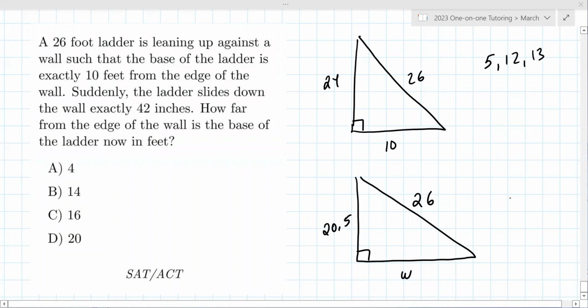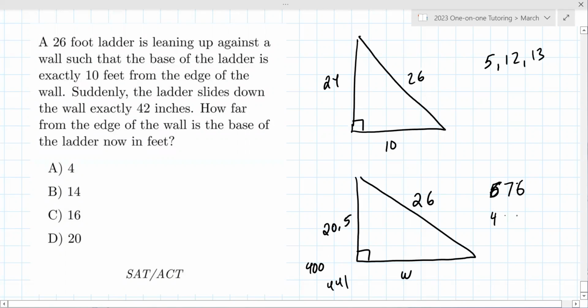So I think 26 squared is 576. No, 676. Made that mistake in the video. 676. 20 squared is 400. 21 squared is 441. So if you go right, split the difference between them, 420-ish.